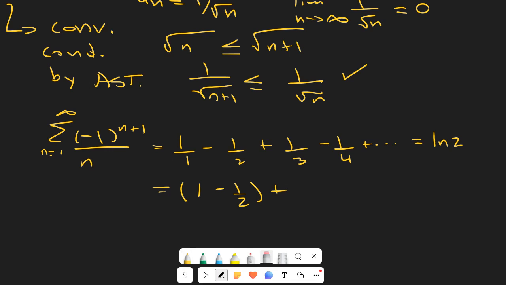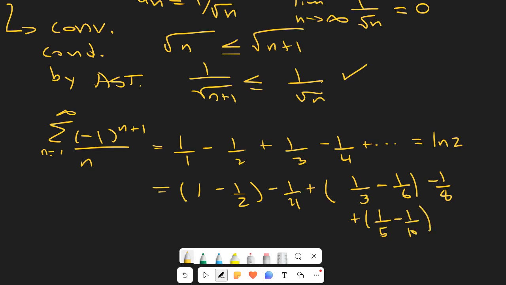So we put a minus 1/4 right there. But then plus, what comes next is that I still have that 1/3. So I'm going to take 1/3 and subtract 1/6, then minus an eighth. And then we'll do plus 1/5 minus 1/10.